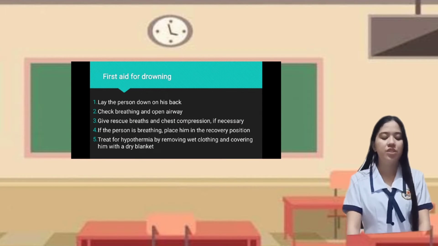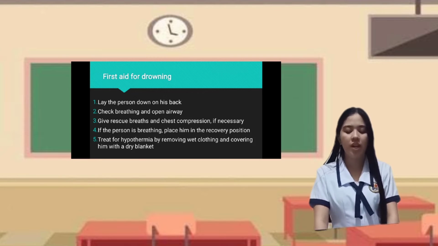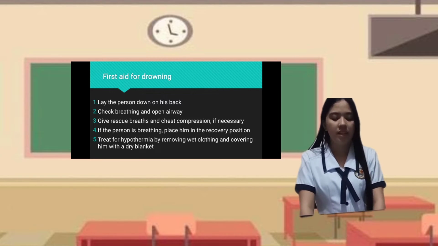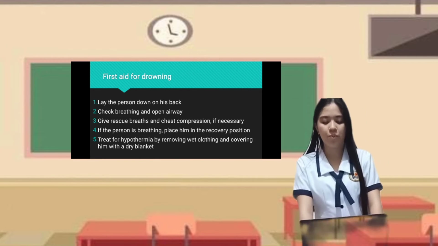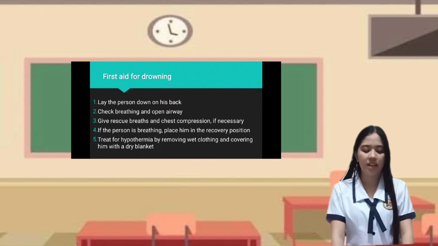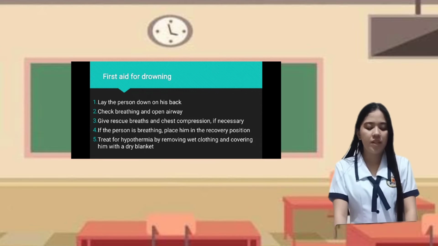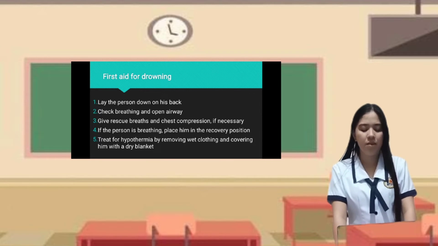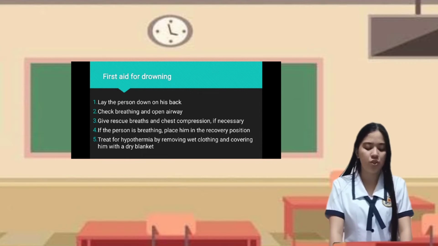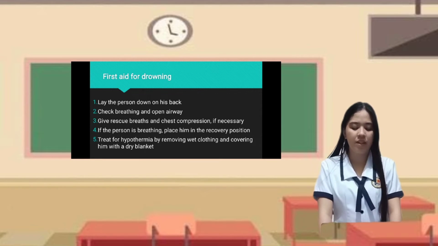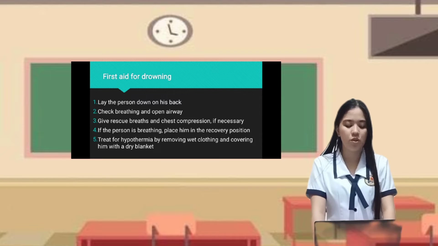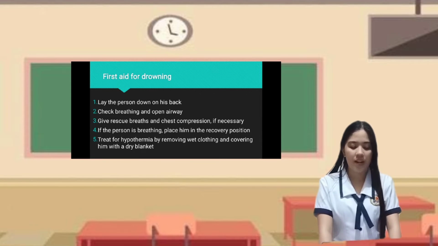Number 2, check breathing and open the airway. 3, give rescue breaths and check compression if necessary. 4, if the person is breathing, place him in the recovery position. 5, treat for hypothermia by removing wet clothing and covering him with a dry blanket.